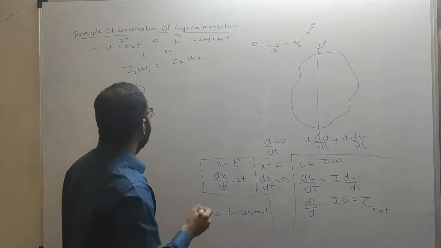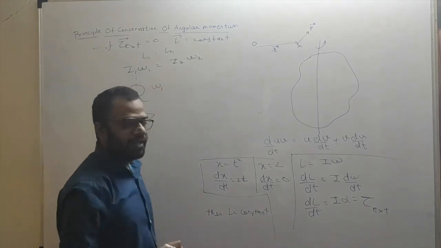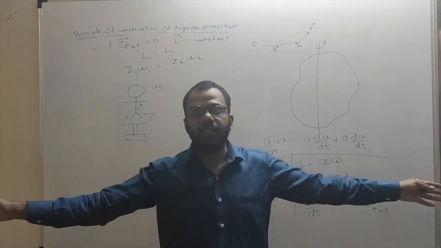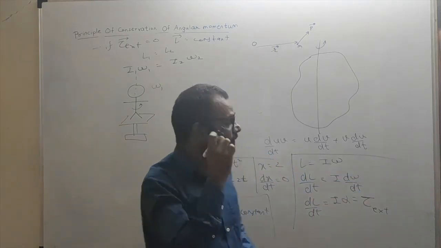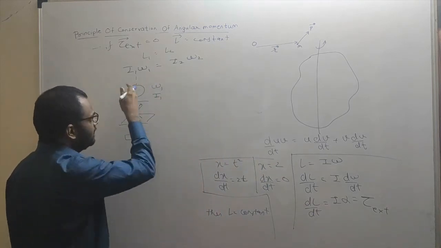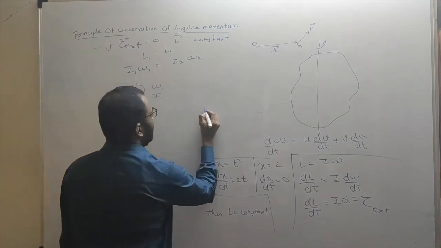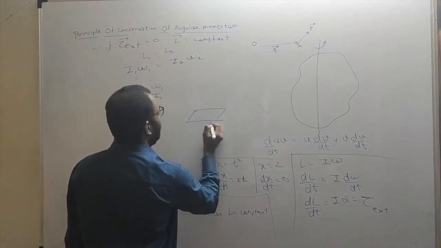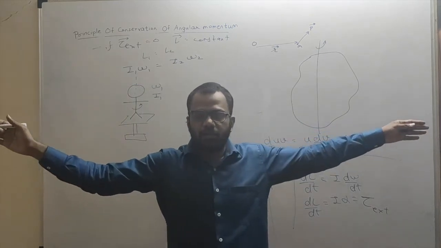Now it will have a certain angular velocity, let us say omega 1. It will have a certain moment of inertia, summation of m r squared, that we have studied. So let us say moment of inertia at this position is I1.